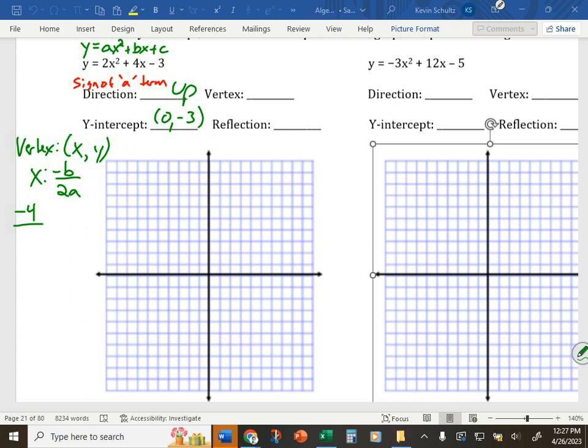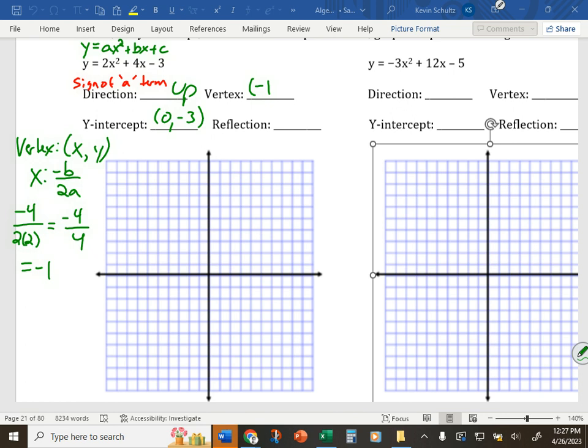Our a value is positive 2, and so our denominator is 2 times 2. Everyone see how I got those numbers in those places? So we simplify this. We get negative 4 for our numerator, positive 4 for our denominator, and negative 4 divided by 4 when you simplify it is negative 1. So the x value of our vertex is negative 1.